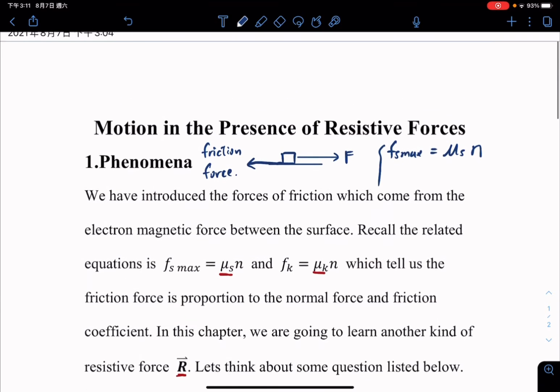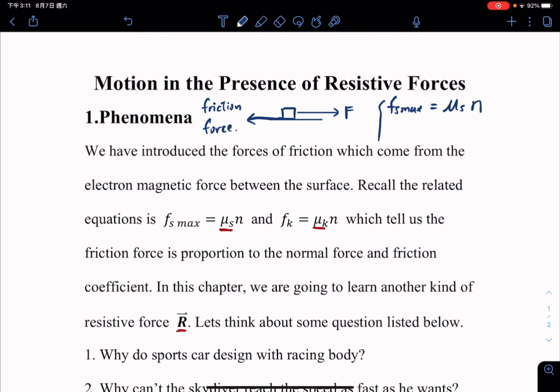And if the object has non-zero velocity, we use Fk equal to mu k times N. These two equations tell us the friction force is proportional to the normal force, with friction coefficients mu s and mu k.